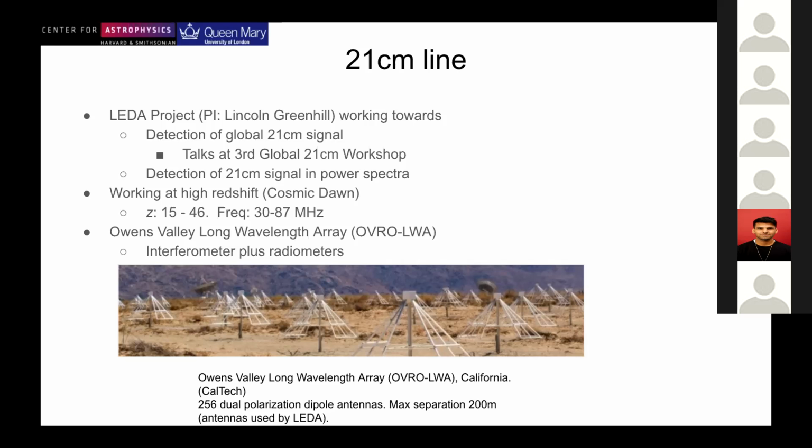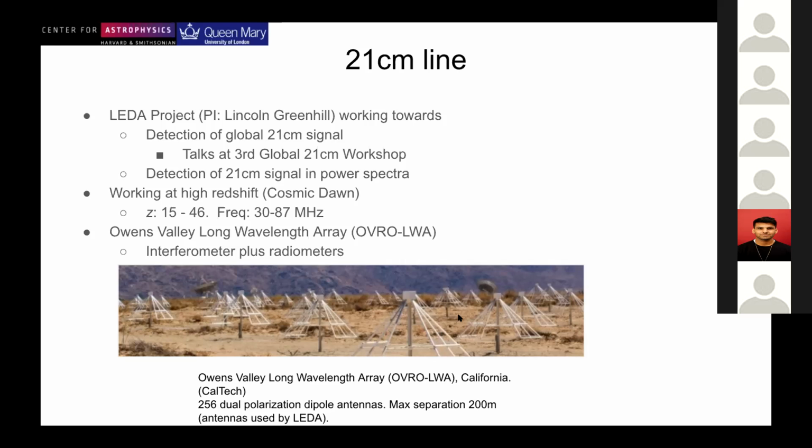So we're working at high redshift of 15 to 46, which is a frequency of 30 to 87 MHz. That's because we're using the Owens Valley Long Wavelength Array, which is in California. It's an interferometer, plus it has some radiometers attached.